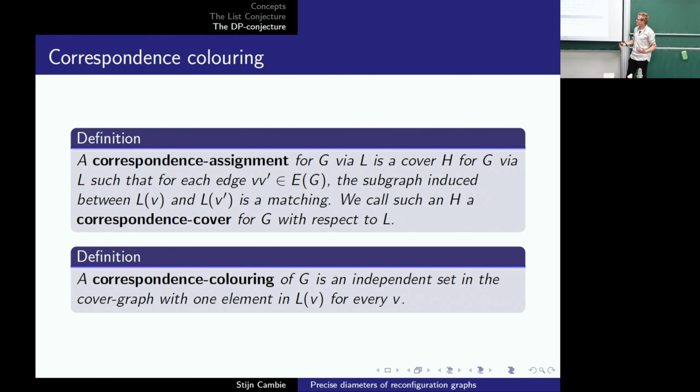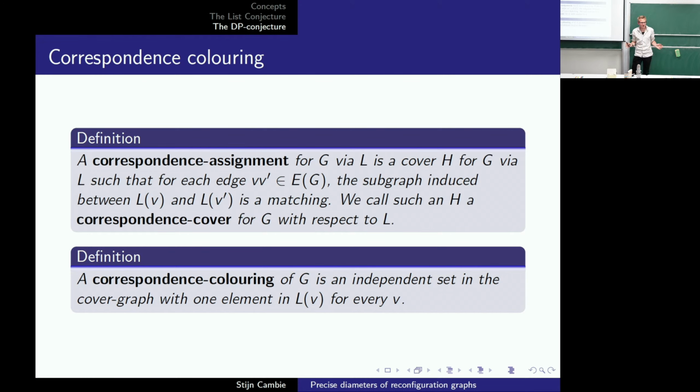called correspondence coloring. So what we will do is, instead of having lists of colors, we will have a correspondence assignment. So we have some L of V, which just contains some fixed K vertices, colors, or elements, however you want to call them, such that there is some matching between these lists. So whenever V V prime is an edge, you have a matching.